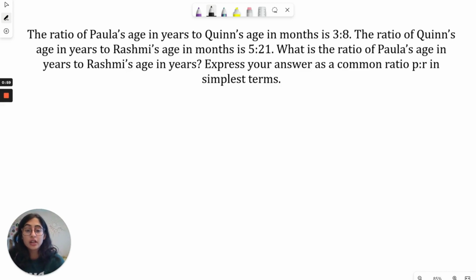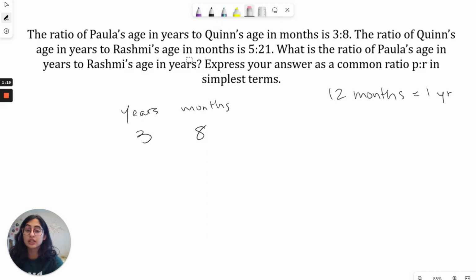So we know there are 12 months in 1 year. So if the ratio of years to months is 3 to 8, well, 3 years is equal to 3 times 12 months, because there's 12 months in a year. So this in months would be 3 times 12, or 36 months.